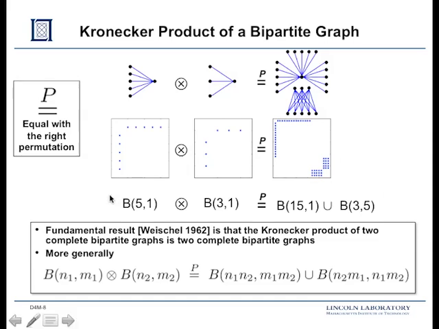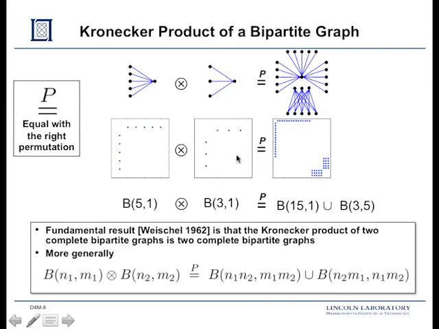Here I'm showing you a bipartite or star graph. You have one set of vertices here and another set here, and all the vertices have connections to this vertex, but no connections to themselves. This is the adjacency matrix of that graph. And here is another bipartite graph, a 3-1 set.